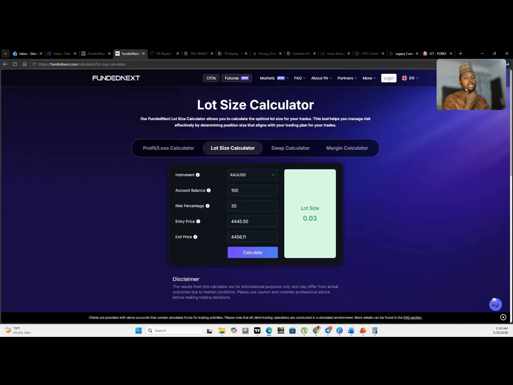So our calculation is correct. So this is how you are going to calculate your loss size, even though the video is kind of getting longer. So let me just move to the next topic.